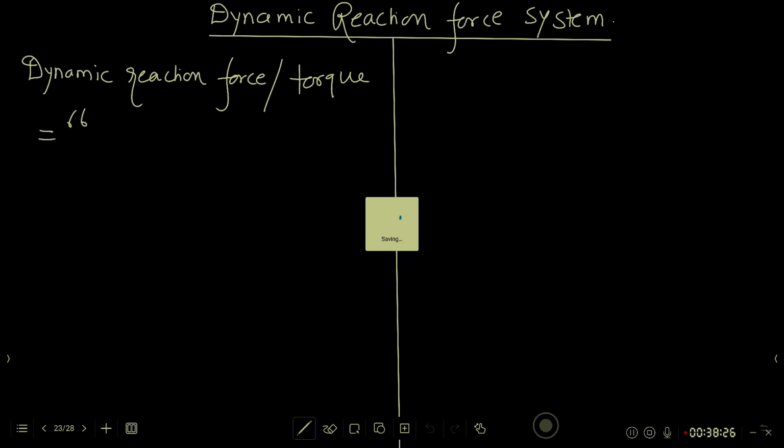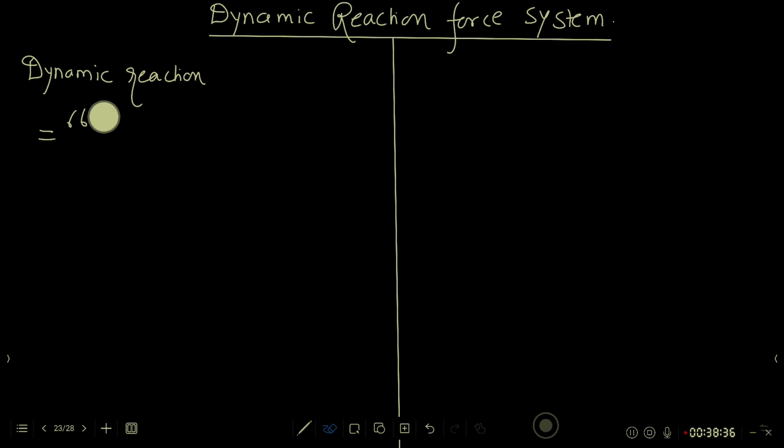What do we mean by dynamic reaction force or dynamic reaction torque? Rather, I would like to straight away define what is meant by dynamic reaction force system. So we understand what is a reaction force system at a given support, or the reaction force system generated by a given support.